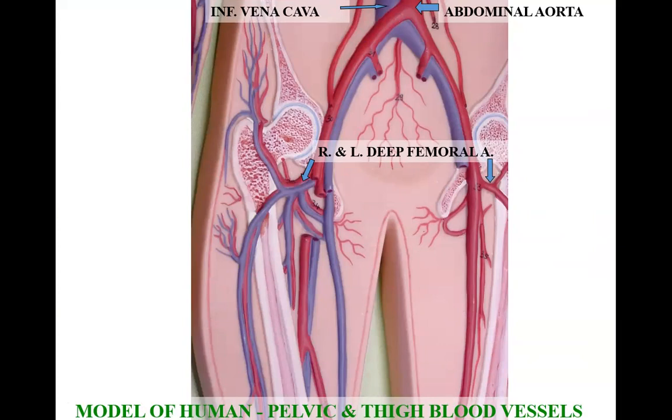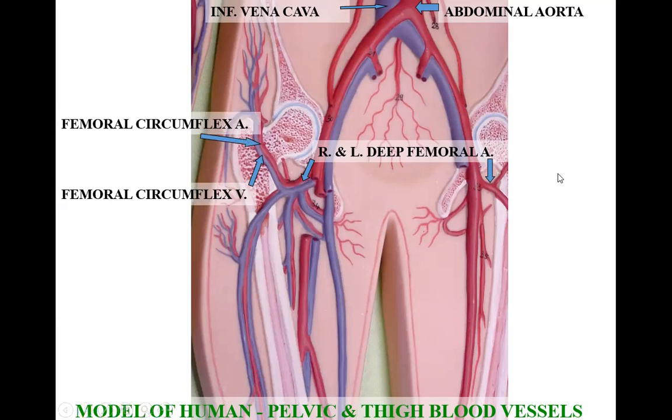It sort of parallels the great saphenous vein that we frequently take out for bypass surgery. There are the deep femoral arteries here and here. We have a circumflex artery that runs all the way around the neck of the femur, and you have a circumflex vein right beside it, artery and vein on both sides.